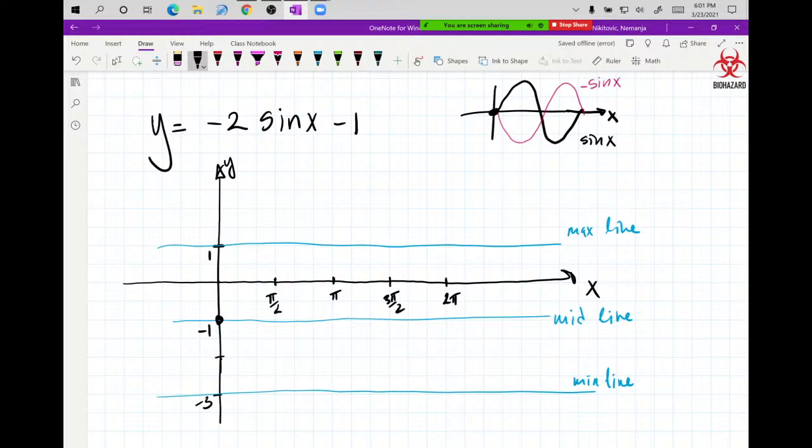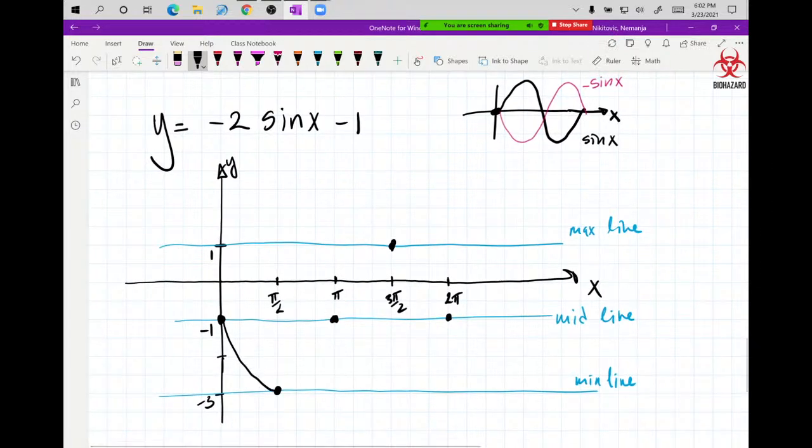So we're going to start here, and instead of having a maximum at pi over 2, which is the black line in the upper right corner, we're going to have a minimum, which is the red line. So we're going to go there, and we're going to go up, and then we're going to stop on the middle line again. And we just need to draw the function that goes through these.